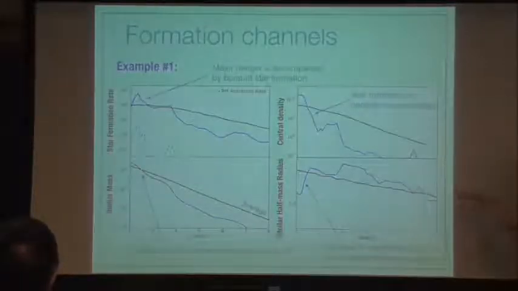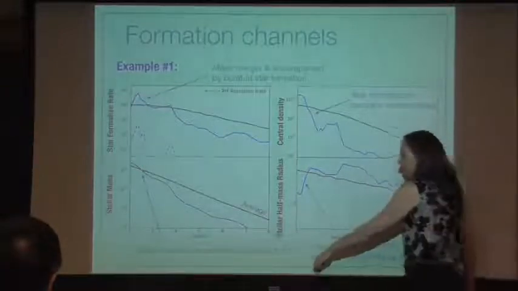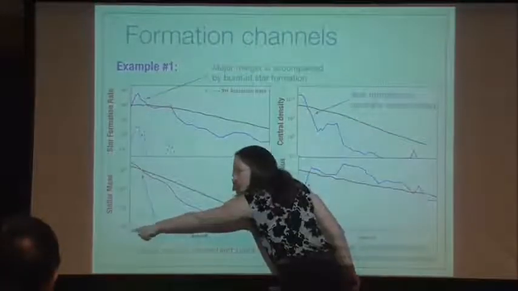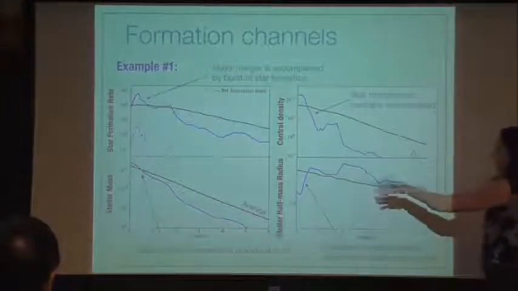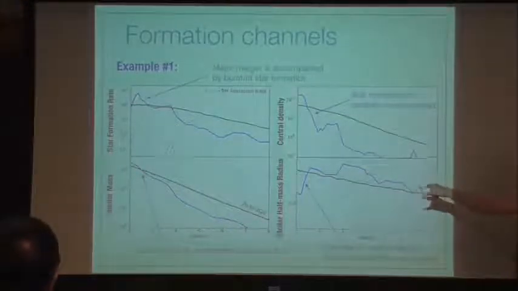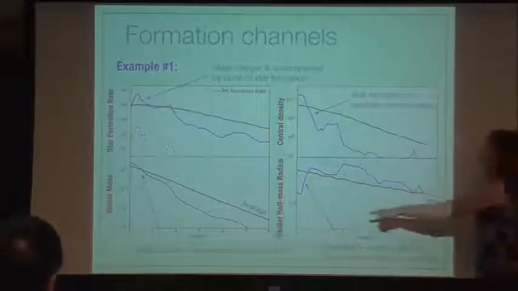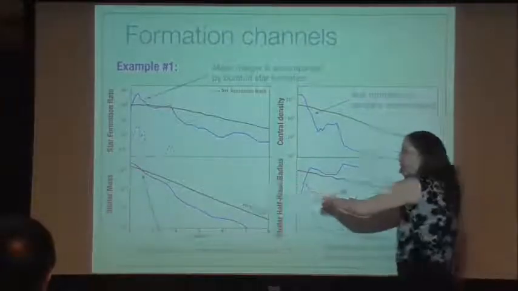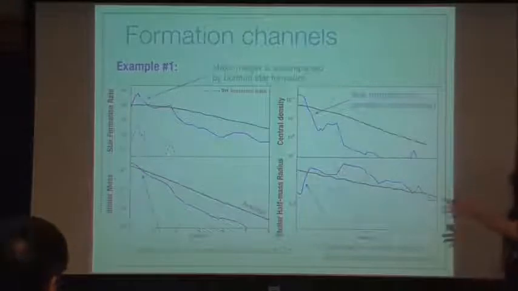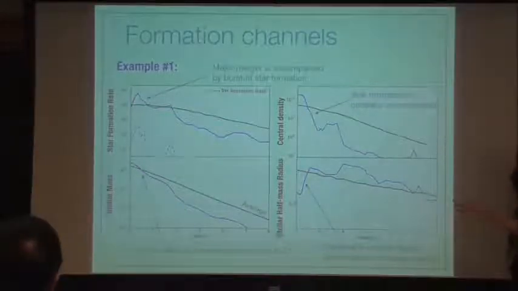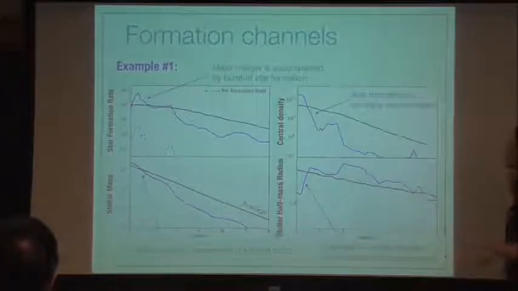In each of these panels, I'm showing you the evolution of a certain quantity with redshift. So redshift 2, where I picked the galaxy out, is over here on the left. And in each panel there are two lines. The blue line is the individual galaxy that we're looking at, and the black line is, for comparison, the average evolution of all of the galaxies, which end up with a few times 10 to the 11 solar masses at redshift 2. So they end up at the same mass range.